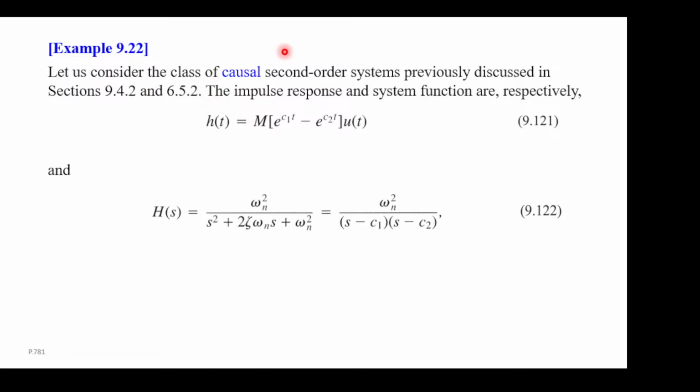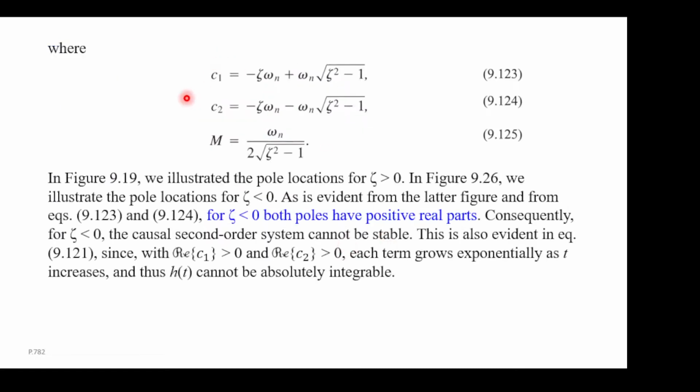Anyway, so we consider it being causal, and it has poles at C1 and C2. An interesting thing we can analyze here is that if we want this to also be stable, then C1 and C2 must have a negative real part, right?